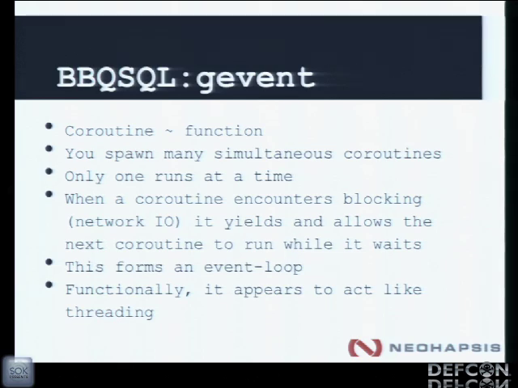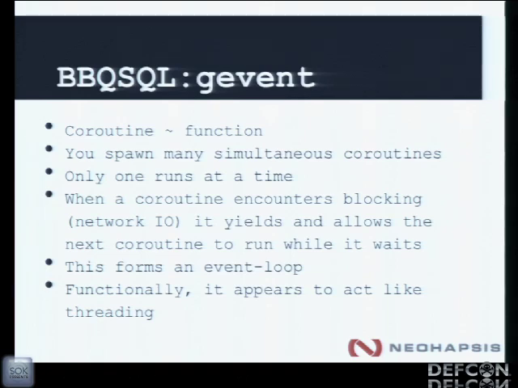So what we have is coroutines, and you can think about coroutines as being functions, essentially, but you're spawning a bunch of them that run at the same time. This seems familiar if you've done threading. But the thing here is that the process scheduling is much more explicit, and we have much more access to that. You're spawning up all of these coroutines. Only one of them is actually running at a time, and it runs until it hits blocking I/O.